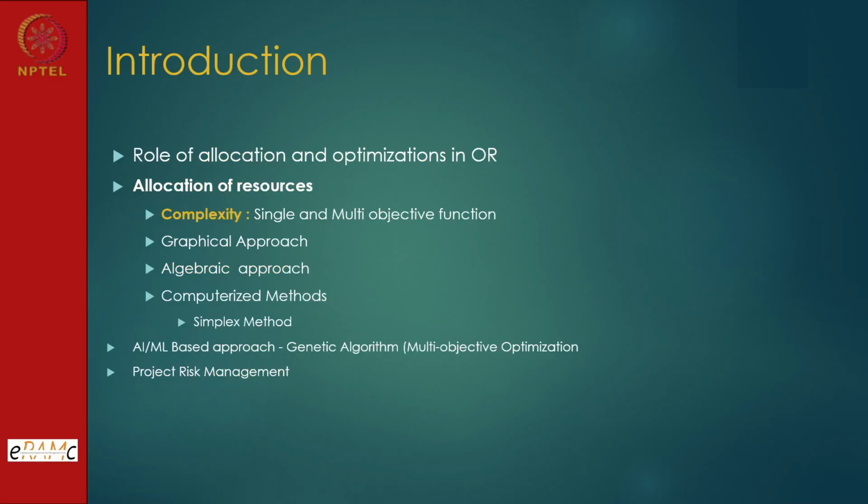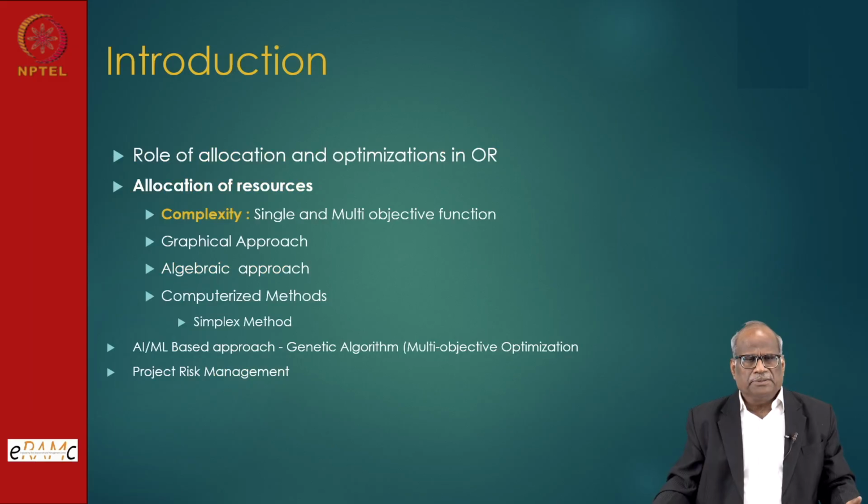The role of allocation and optimization in OR. It is well appreciated that resources need to be optimized, in terms of minimizing the resources and maximizing the profit. If we have n resources, how do we allocate those resources so that the profit can be increased?